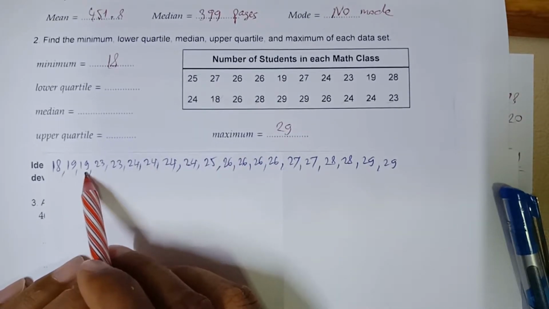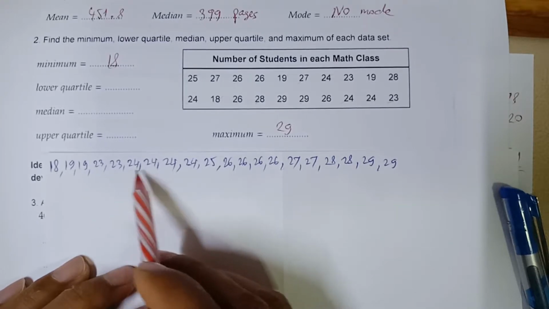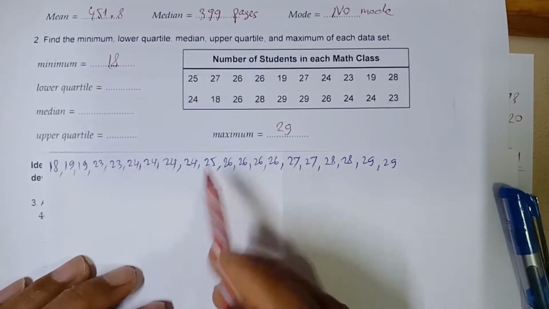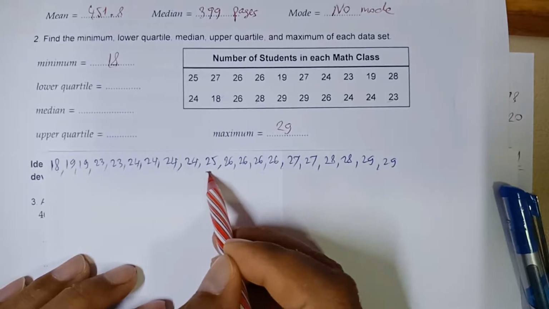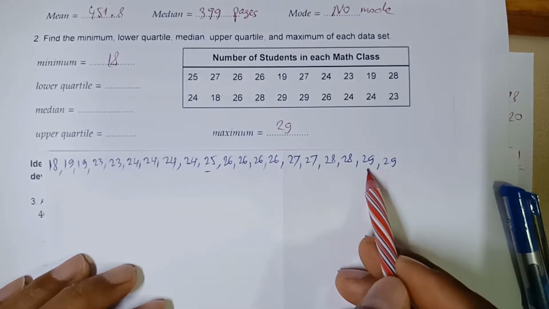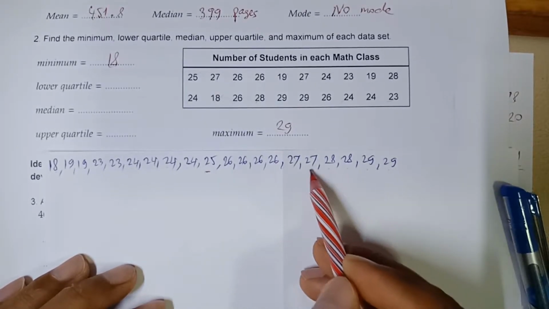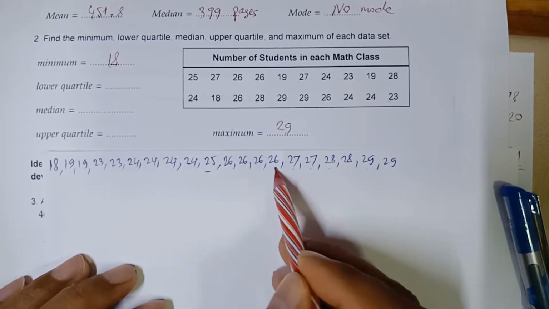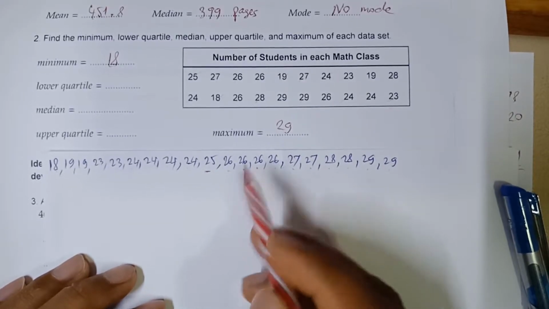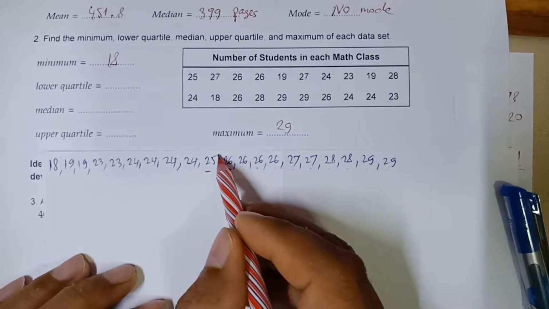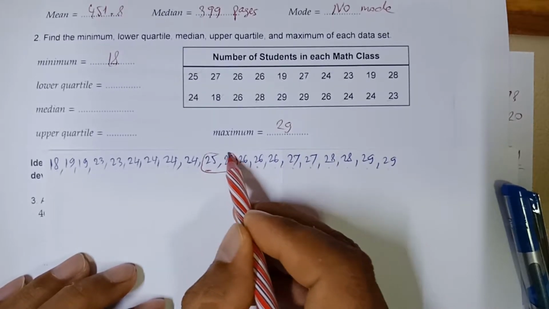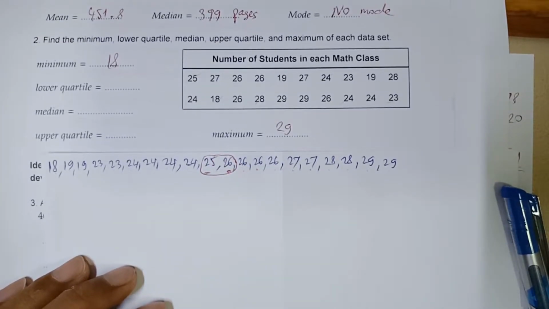1, 2, 3, 4, 5, 6, 7, 8, 9, 10. Okay, this is the number 10. And then 1, 2, 3, 4, 5, 6, 7, 8, 9, 10. So it seems like it's the 2 numbers in the middle. To get the median, you add the 2 numbers together and divide by 2.